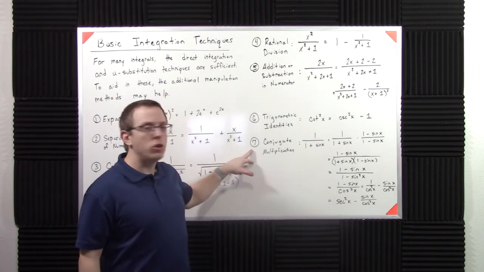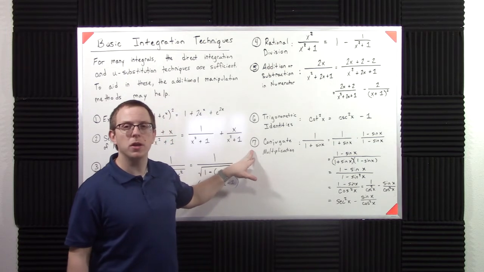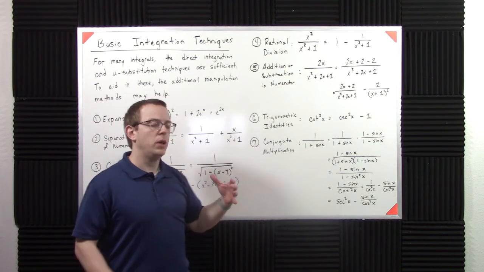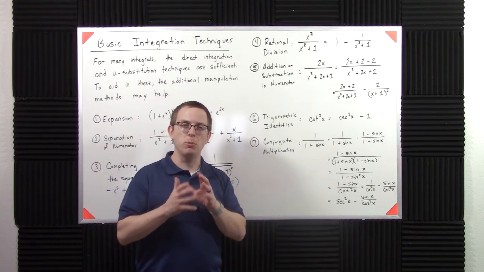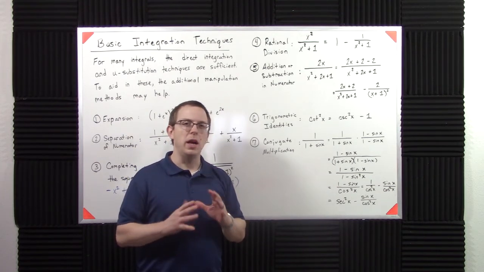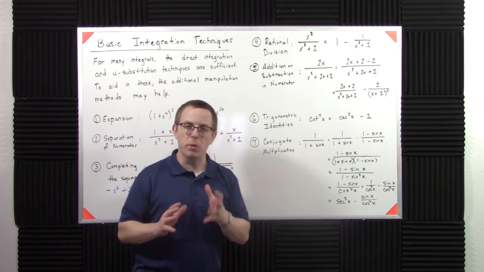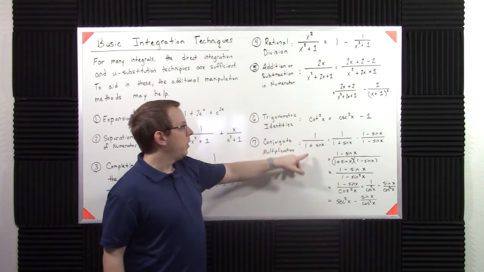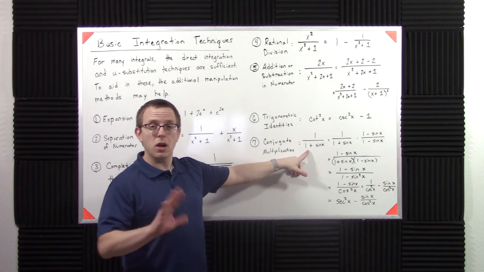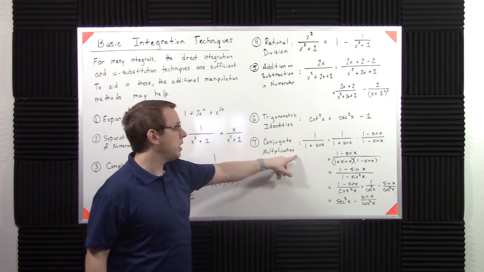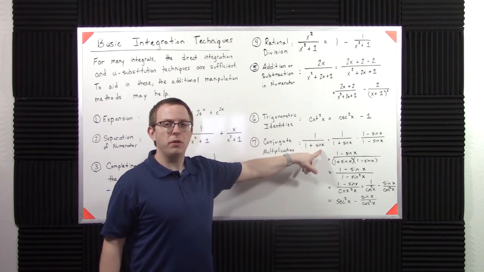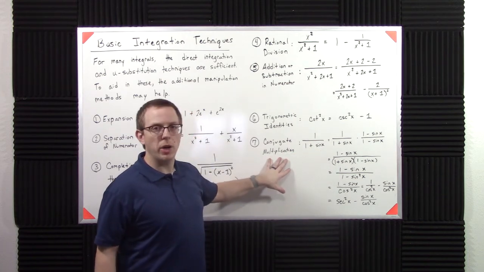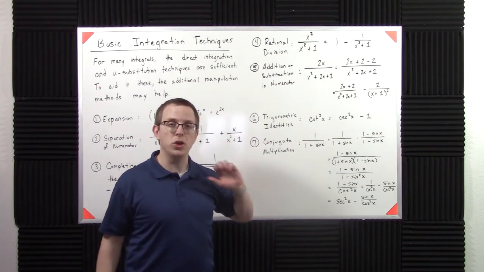And finally, conjugate multiplication. This is actually one of my favorites because I love manipulating. To me, it combines the beauty of trigonometry and algebra, and I kind of geek out on it. The way to usually identify these, not always, is that you have some sort of 1 plus trig function in a denominator, or 1 minus a trig function in a denominator.